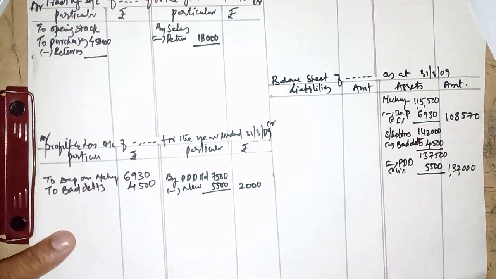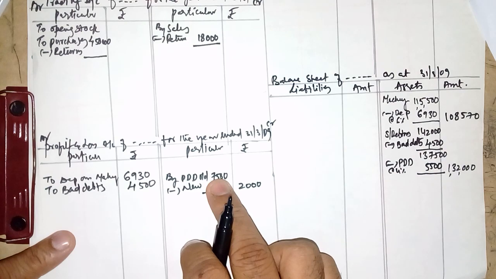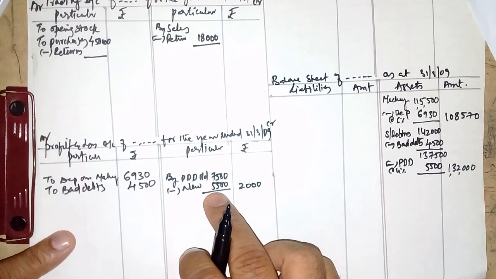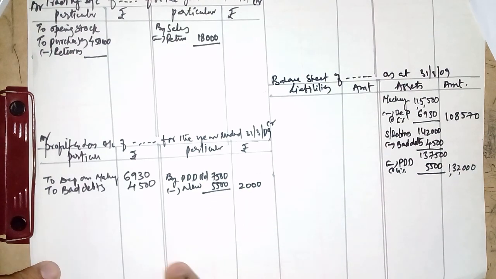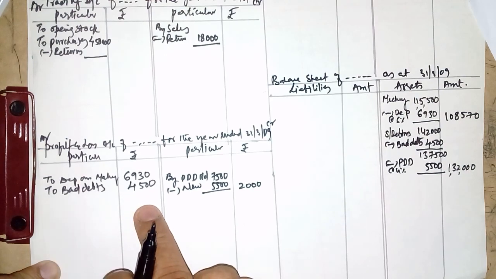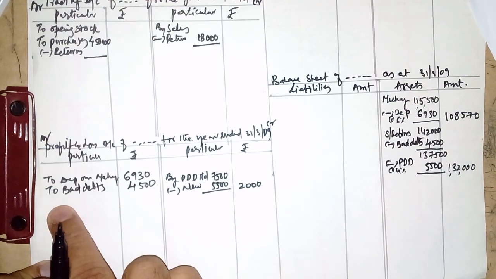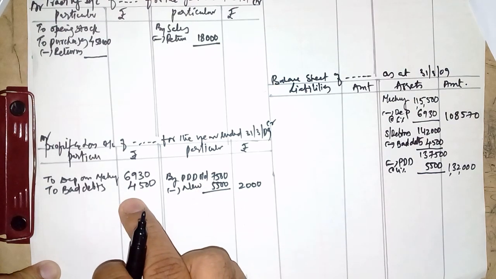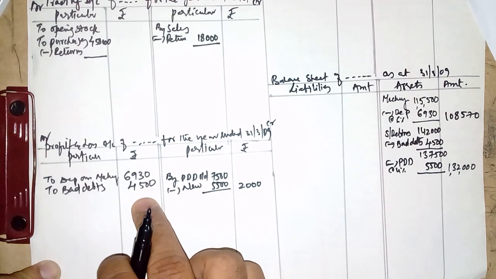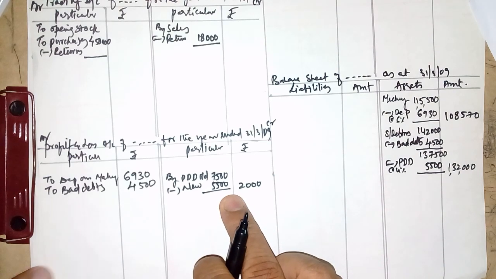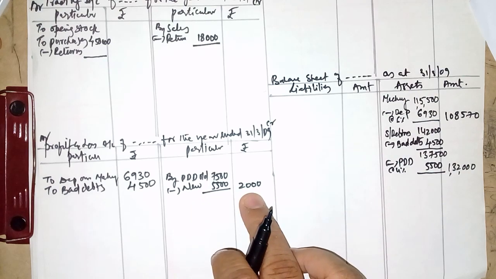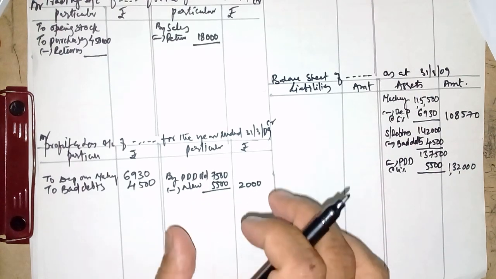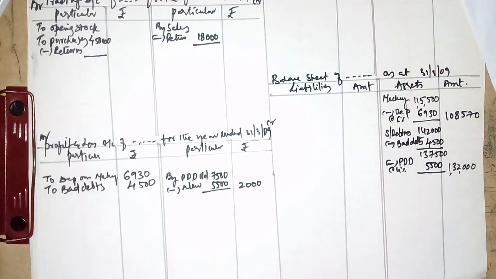Presume that if the old provision is less, suppose the old provision is 4,000 only, then it should have been written on the debit side. So new provision minus old is 1,500, still provision is required, hence it should have been written on the debit side. But here in this case the existing provision is already more, hence we have withdrawn 2,000 rupees, whatever excess provision we have. Clear? So this way we need to do this item.